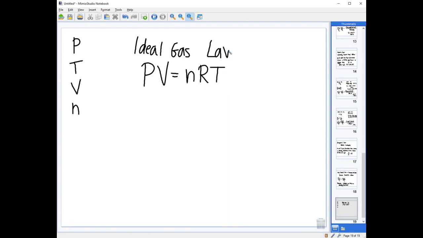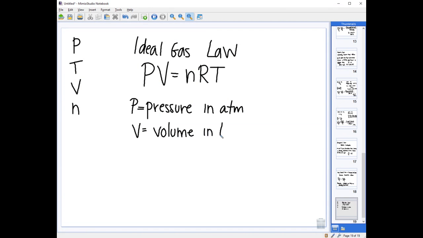This is the ideal gas law, where P is equal to pressure, and the pressure has to be in atmospheres. Volume has to be in liters. N is just equal to your number of moles, so it will be in moles.